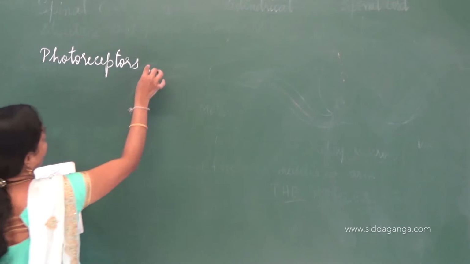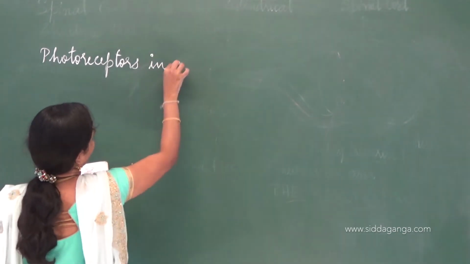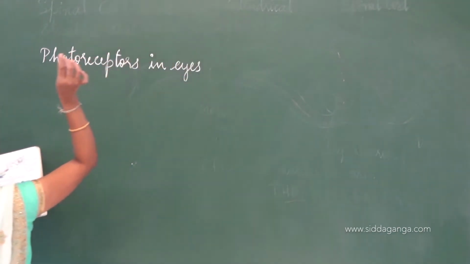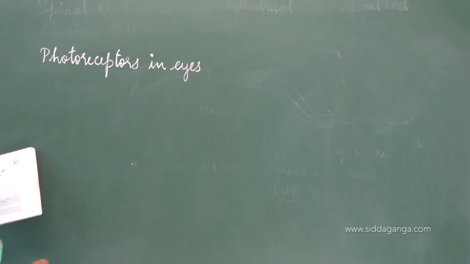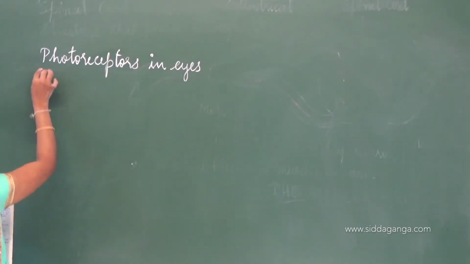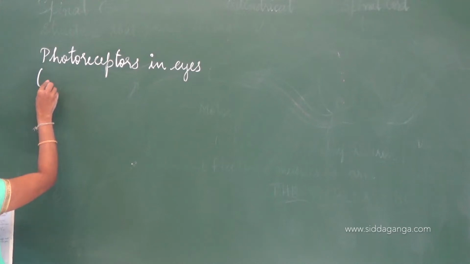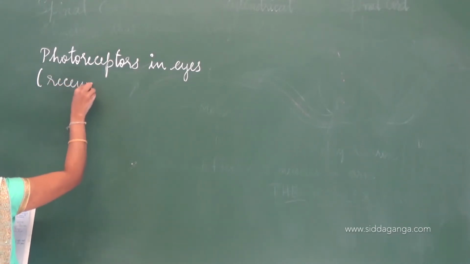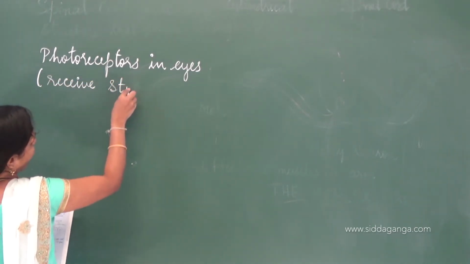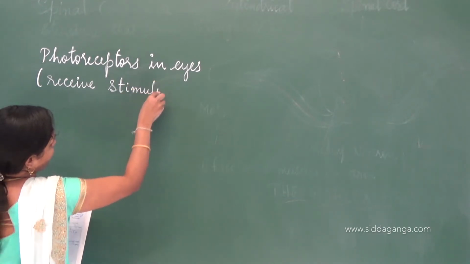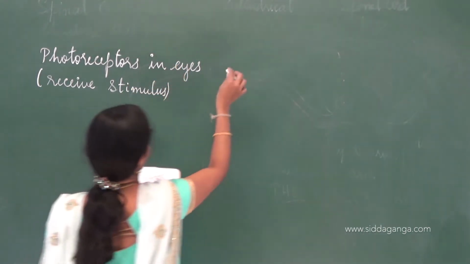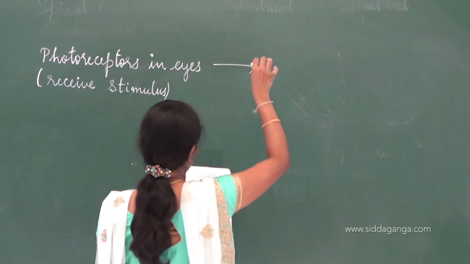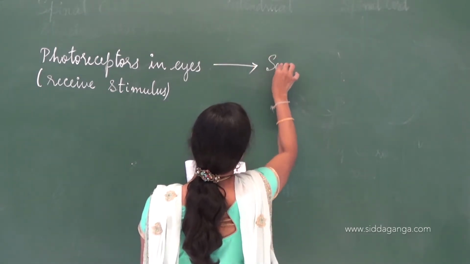Photoreceptors in eyes. Photoreceptors, what do they do? They sense and receive stimuli. These eyes receive the stimulus. What happens? The information is passed on to the sensory neuron.